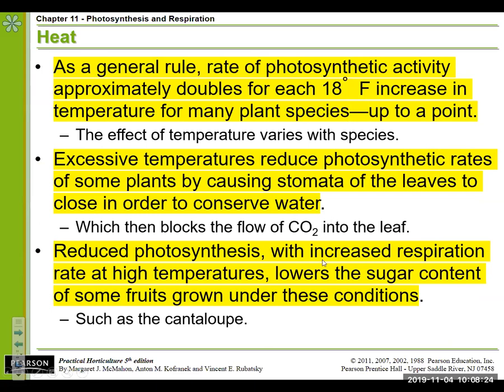So we want to try to grow things at the optimal temperature. We could potentially reduce temperatures by misting them with water, or even just irrigating them in some cases, especially with overhead, where we're reducing that temperature right around the leaves so that they don't need to conserve water as much. The stomata can open, they can absorb that carbon dioxide and continue to photosynthesize, making more sugar, making our cantaloupe sweet.